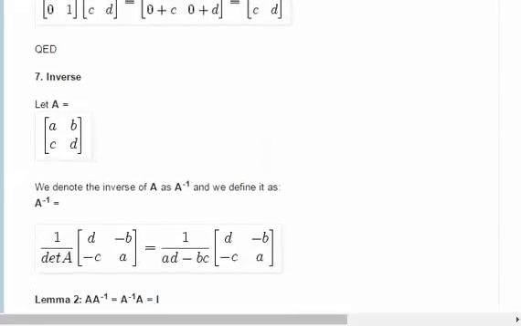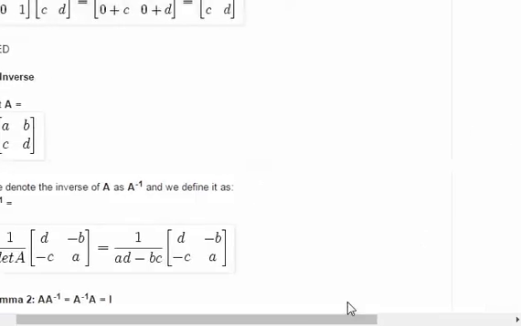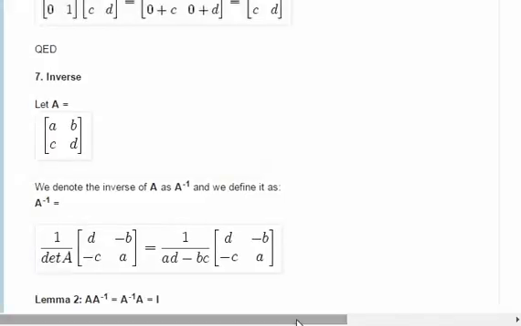Now the last concept that I want you to study is the concept of the inverse. If you notice, some of the operations that we can have with matrices are addition, subtraction, multiplication, and maybe most of you will say, well, now comes division. There is no division. The division is not defined in matrices.